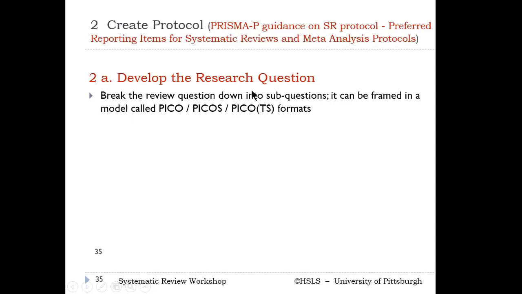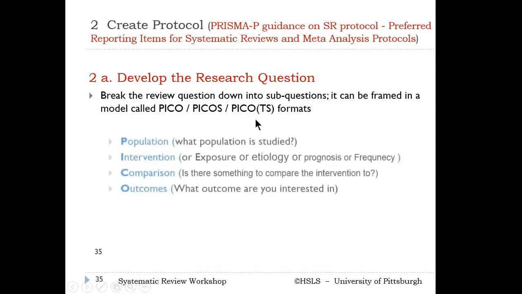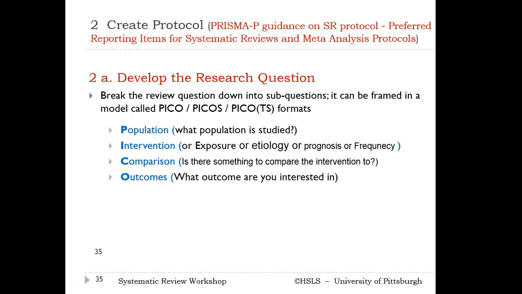It can be framed in a model called PICO, PICOS or PICOST format. Your question should have these elements. P for population: what population is studied in the study. And then I for intervention.